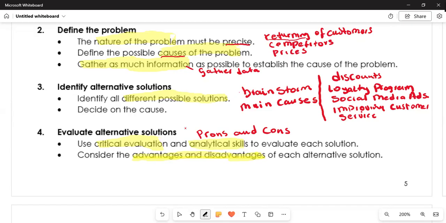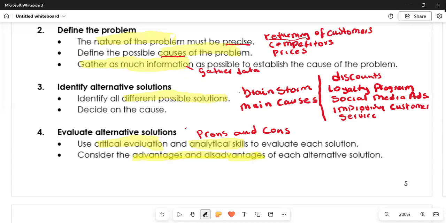The advantage is they may bring quick sales. But the disadvantage is that they are going to reduce our profit, because we are going to be forced to part ways with a certain part of our profit that we give to our customers.